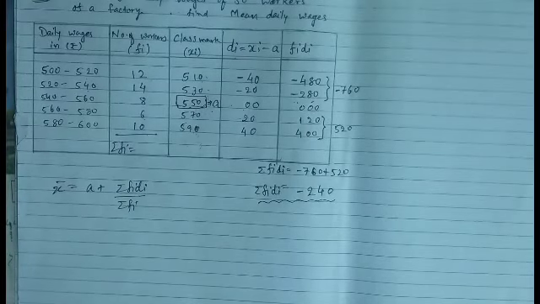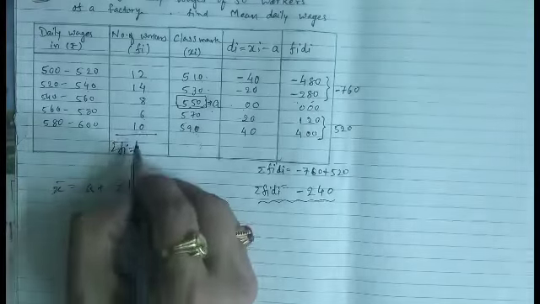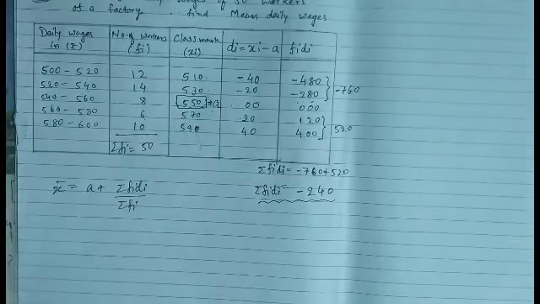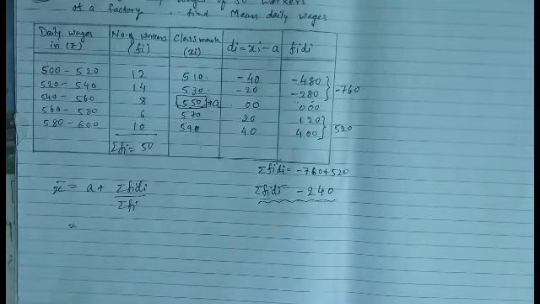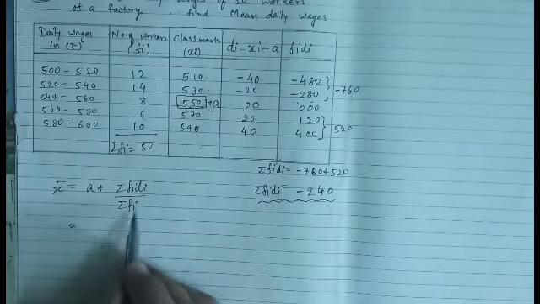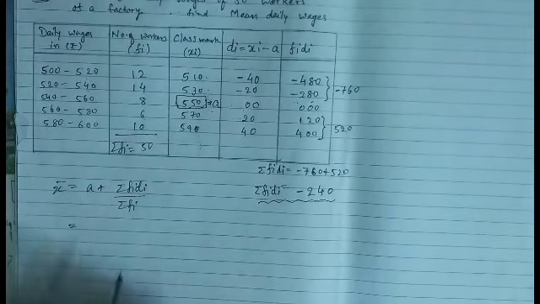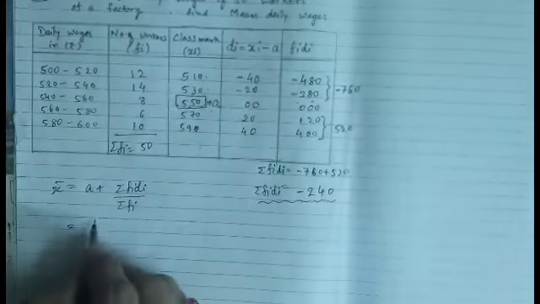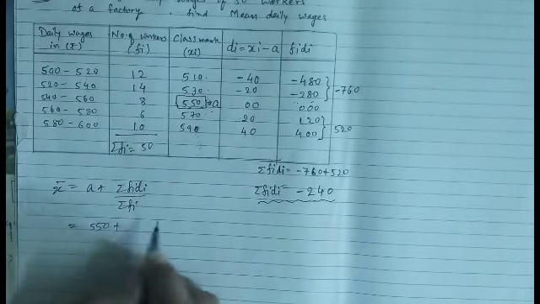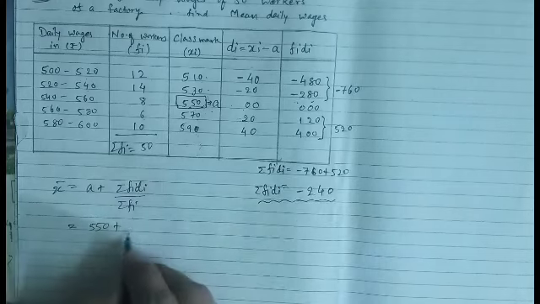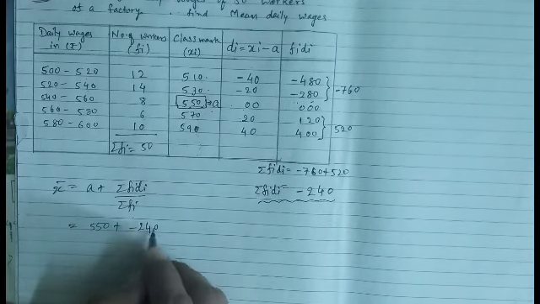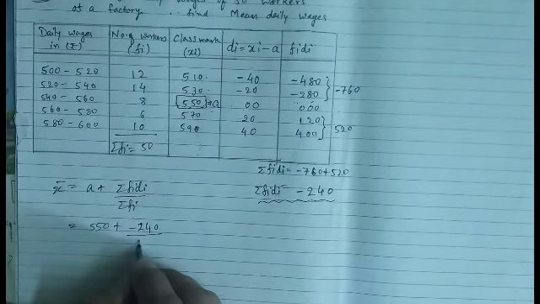As we have the data of 50 workers, the sum of all fi terms will be 50, sigma fi is 50. Now we apply the values of a, sigma fi di and sigma fi in the formula. Let us apply. x bar equals 550 plus sigma fi di, that is minus 240, divided by sigma fi, which is 50.